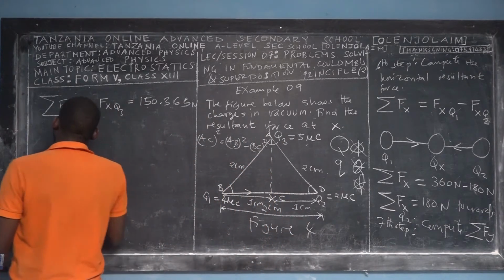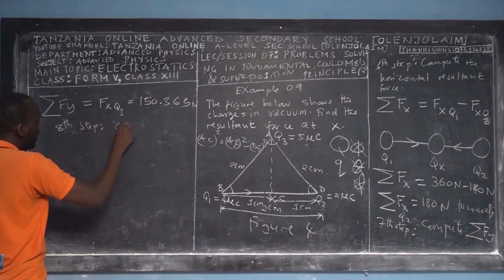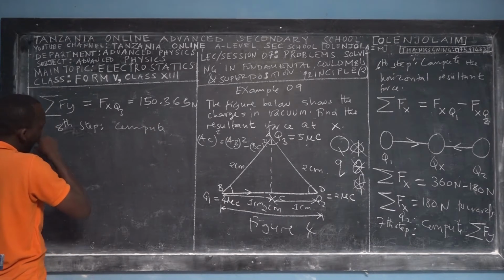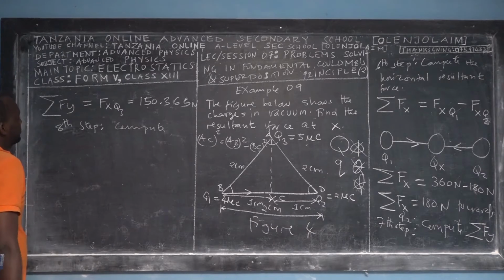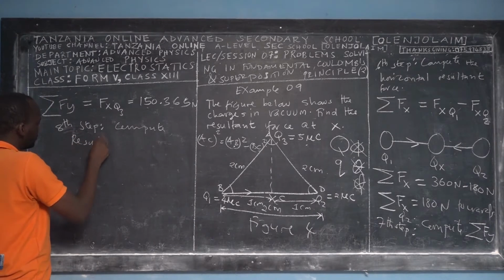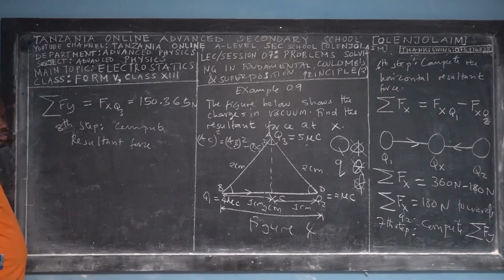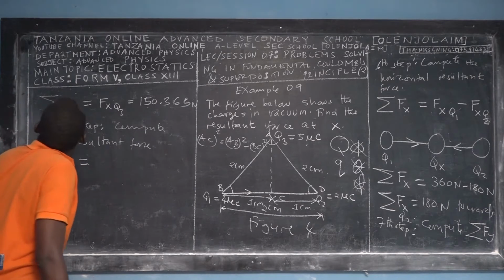So we say that this is the 8th step. Excuse me. So the 8th step is to compute the resultant force, taught in the previous sessions, the two previous sessions, right?